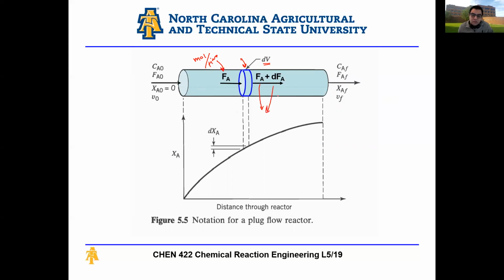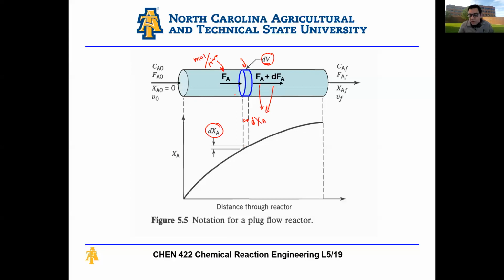It makes sense. And then finally CAF, FAF, whatever it is. So if I take a small element, I want to derive a relationship between this small element and the kinetic parameters happening in it, especially the change in concentration and the change in conversion. So I want to understand the change in conversion, which is dXA, within this small element.